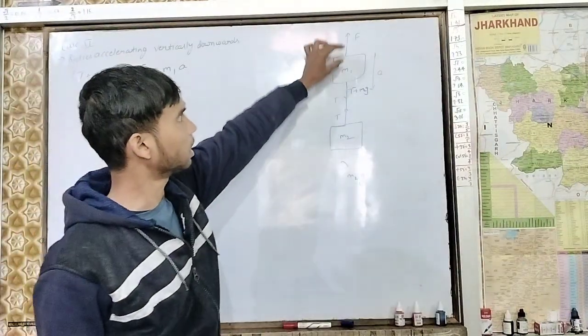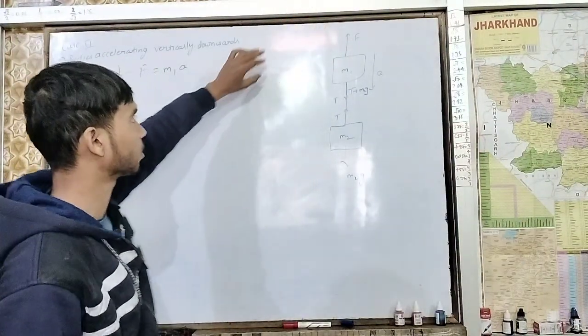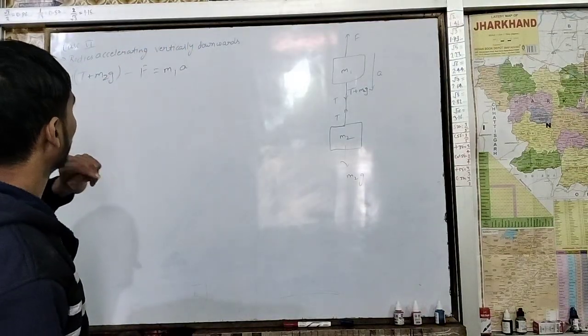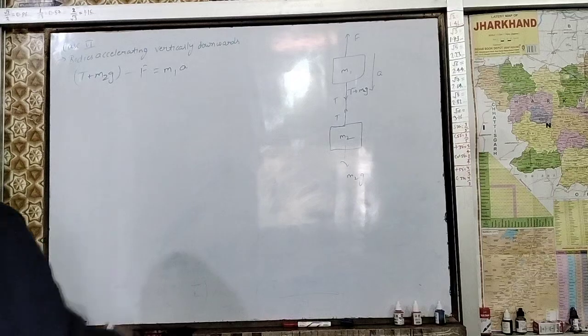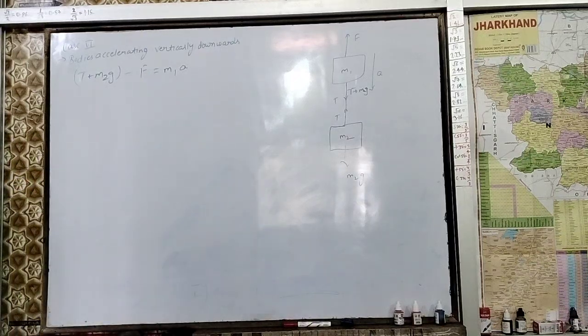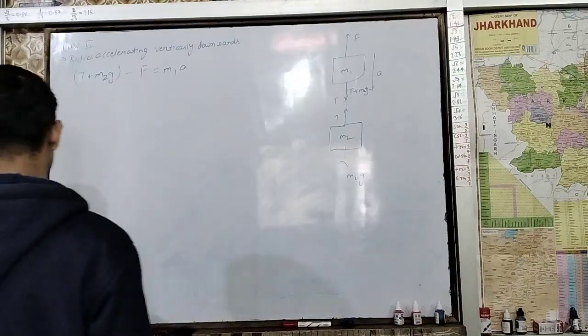This is F downward minus upward, acceleration is a downward. Now over here we will get F as m1 a minus a plus m2 into z.